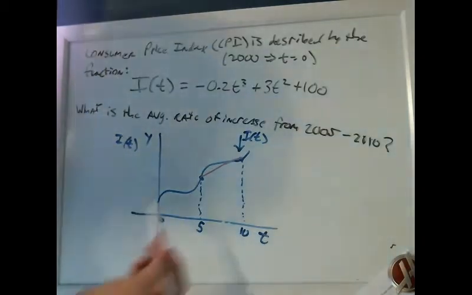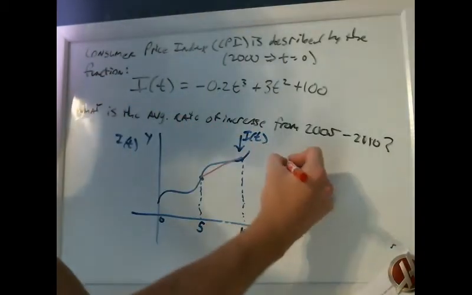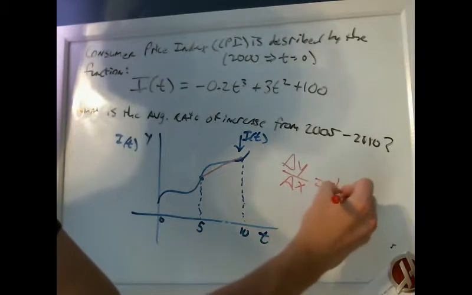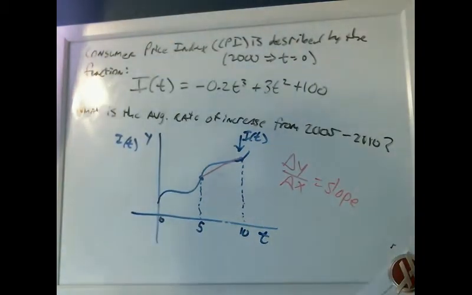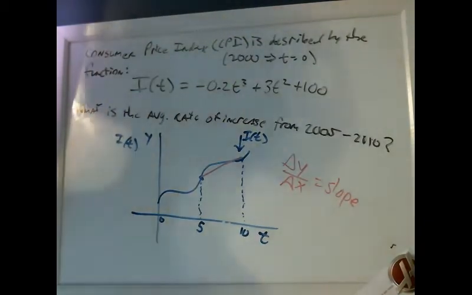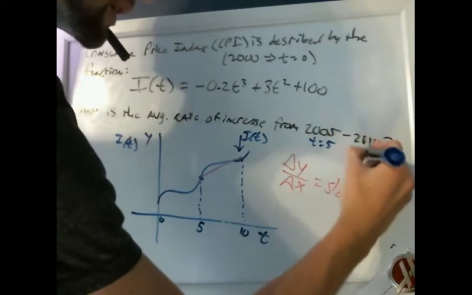So basically I drew a line there connecting these points because when it asks for the average rate of change, it's referring to the change in y over the change in x, which is slope. So using that information, we know what y is and we know what x is. So we're simply going to go through the drawn out process of finding the slope with t equals 5 there and t equals 10 there.